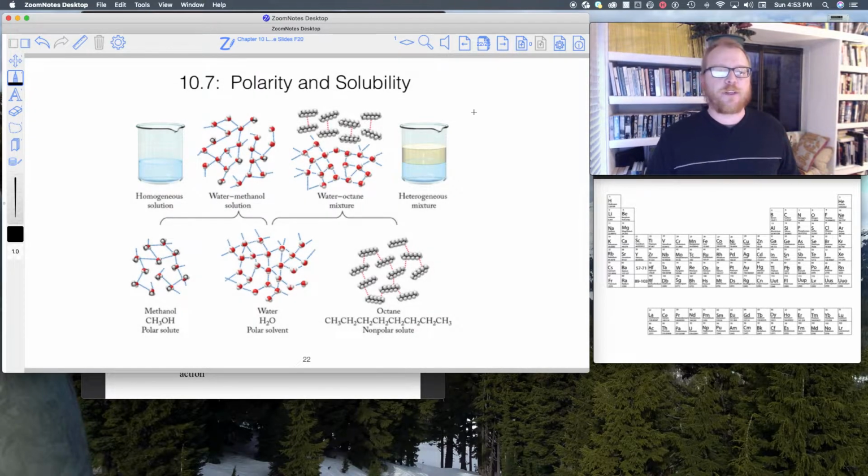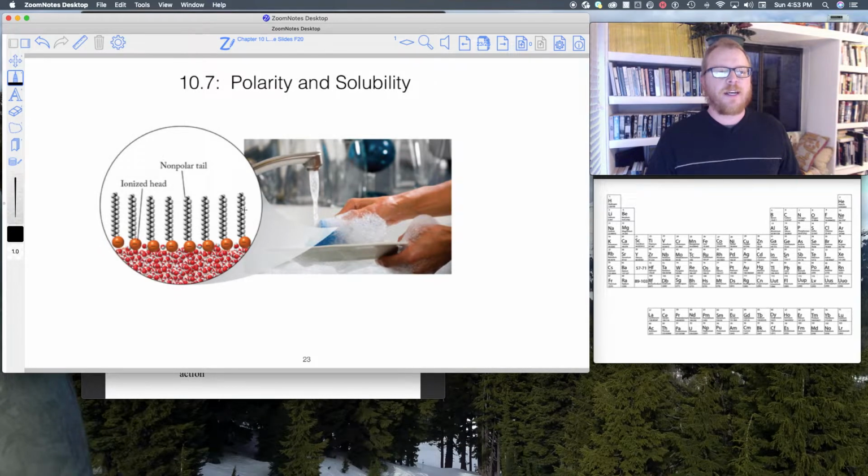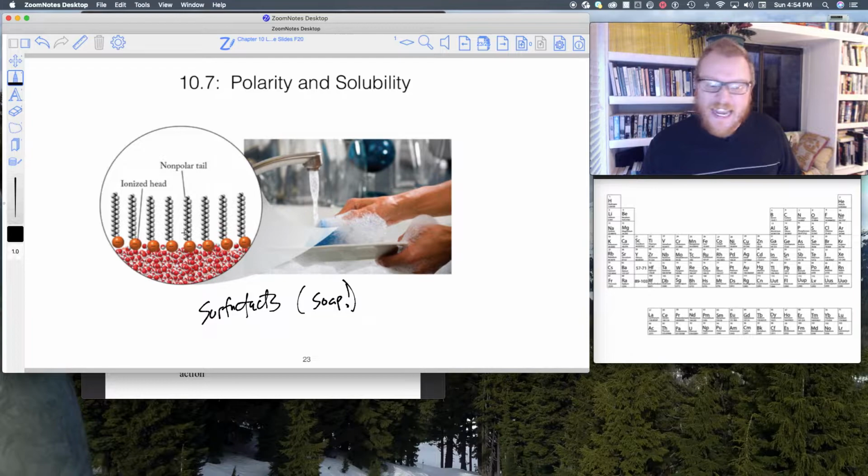So these amphiphilic molecules, I'm going to skip a couple slides, they do really well as what we call surfactants. Okay? Or commonly soap. Okay? As it turns out, soap molecules have these nonpolar greasy tails, and these hydrophilic, sometimes even ionized in some particular surfactants, head groups.